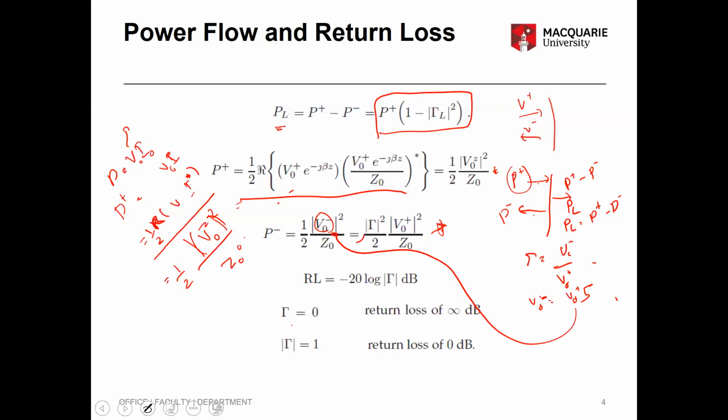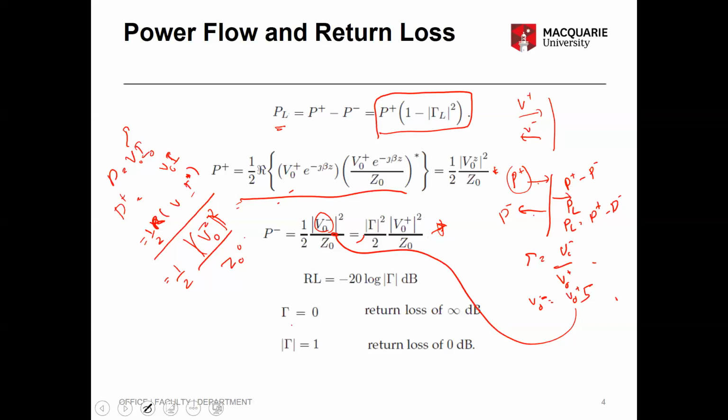The idea that we need to take home from here is that return loss is a measure of how much of the available power is not delivered to the load. I want to stress that it's not delivered to the load. So how much power is reflected is what return loss is measuring.